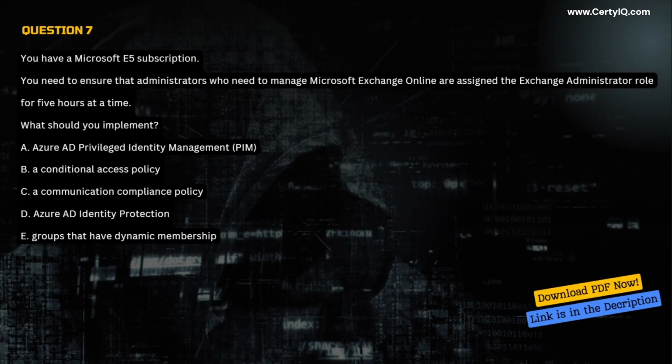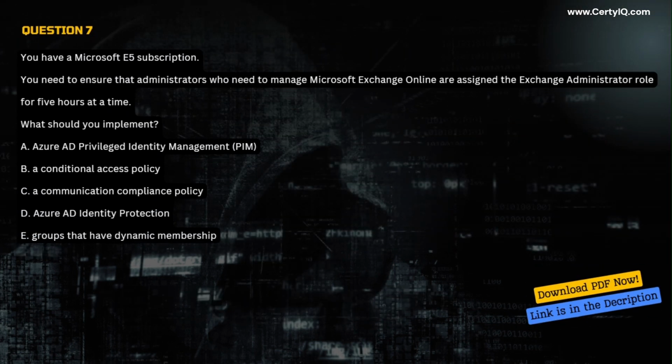Question 7. You have a Microsoft E5 subscription. You need to ensure that administrators who need to manage Microsoft Exchange Online are assigned the Exchange Administrator role for 5 hours at a time. What should you implement? A. Azure AD Privileged Identity Management (PIM). B. A Conditional Access Policy. C. A Communication Compliance Policy.